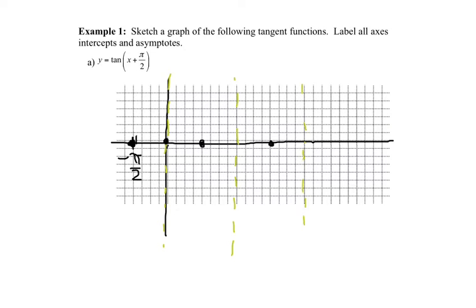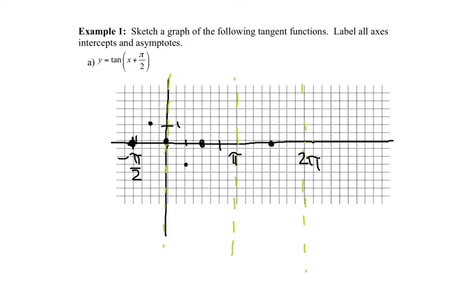And of course I can label these asymptotes. We've shifted everything by pi over 2. So this is going to be pi, this is going to be 2 pi. And on a tan graph, at pi over 4, that's when it's equal to 1. So pi over 4 are my 1s. Pi over 4 in this case would be negative 1.